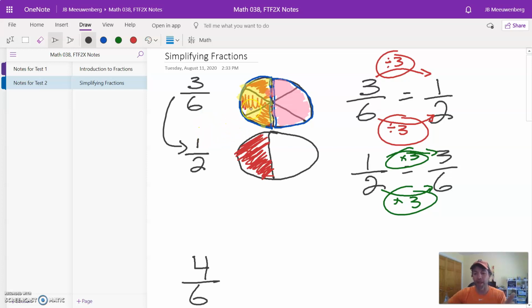What matters in a fraction, this is the most important thing, is the relationship between the two numbers. The relationship between 3 and 6 is the same as it is between 1 and 2. The bottom number is twice as big as the top number. It doesn't matter how big the numbers are individually, it matters how they compare to each other.